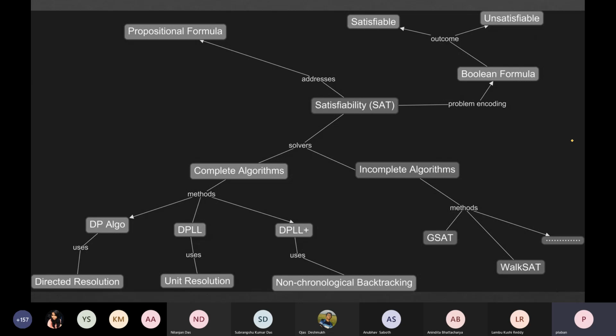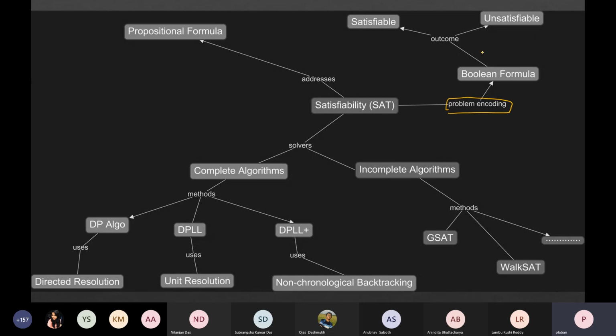The problem encoding part we have already talked about in our logic course, because satisfiability problems are applicable over propositional formulas, and we know how to devise propositional formulas, and we know there are different inference algorithms by which we infer new knowledge given a propositional knowledge base.